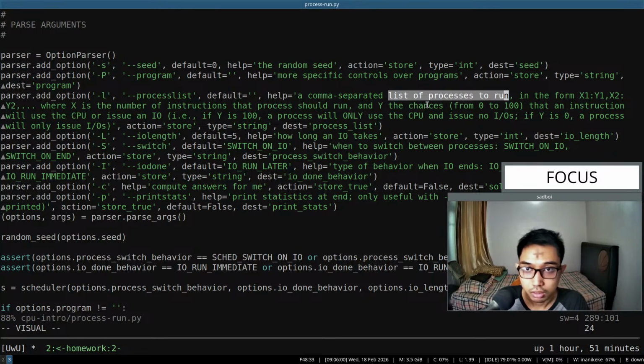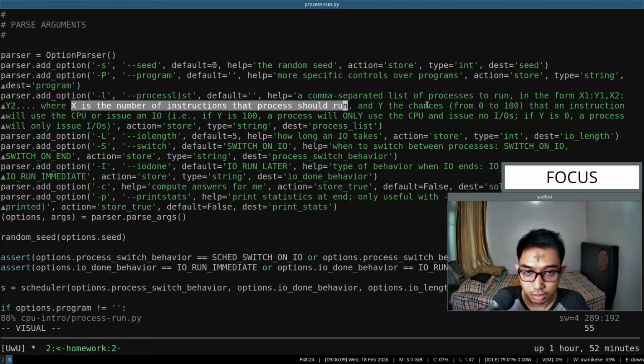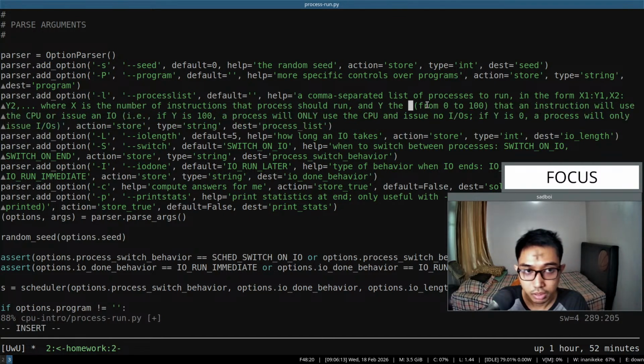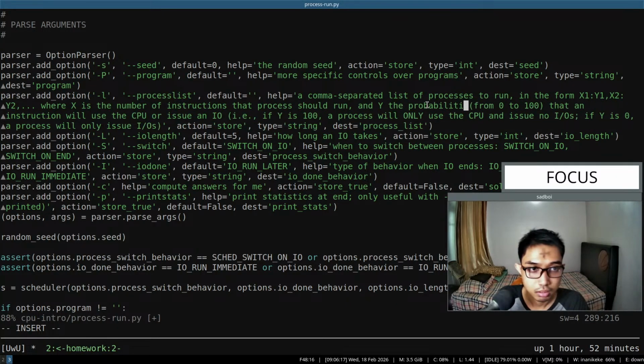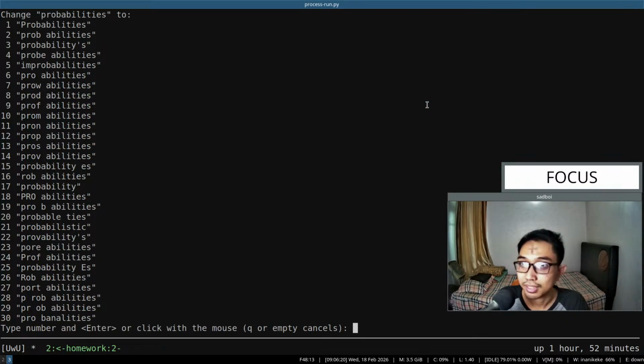X1, Y1, where X is the number of instructions that the program should run, okay. And Y is the chance, or maybe probabilities, if I can type correctly, okay.